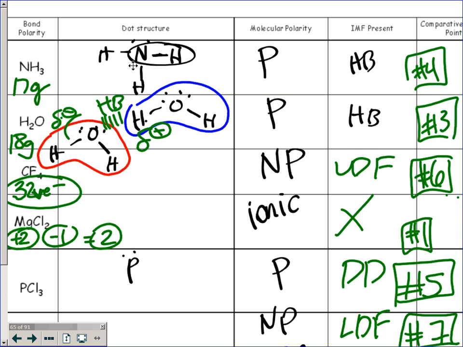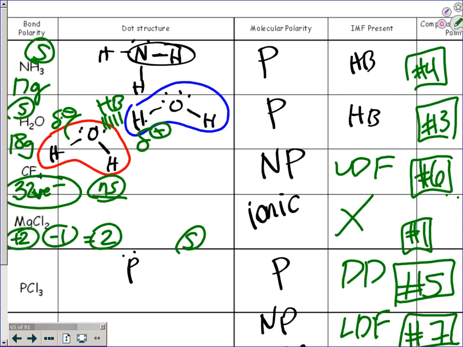So everybody tell me, ammonia, soluble or not soluble in water? Soluble, because it's polar and water is polar. Water, soluble in itself, yep. CF4, not soluble, so I'm going to put NS, because it is non-polar. Ionic compound?